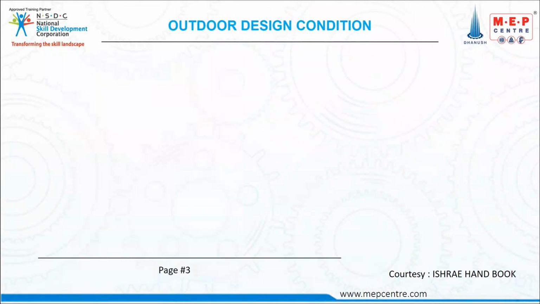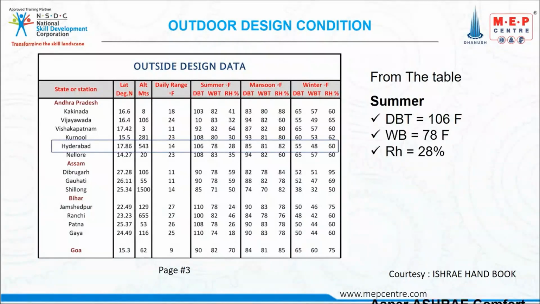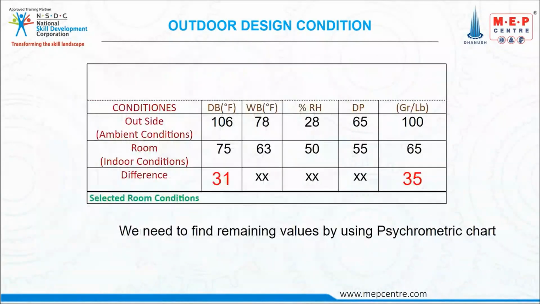Look here, this is the table, the difference in HR, you can find it out here. The difference in HR, 100 minus 65, which is 35 grains per pound. Clear? Got it?